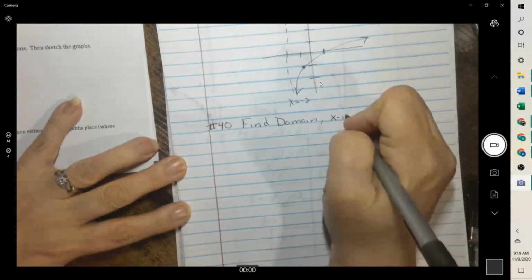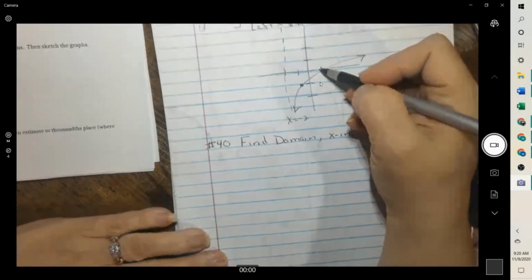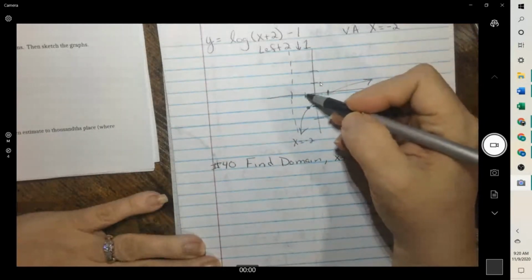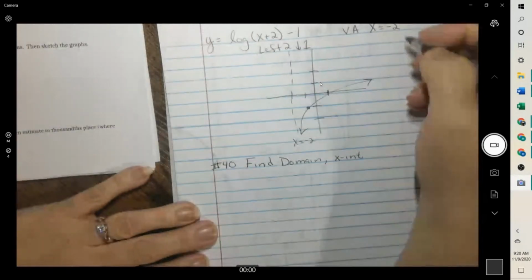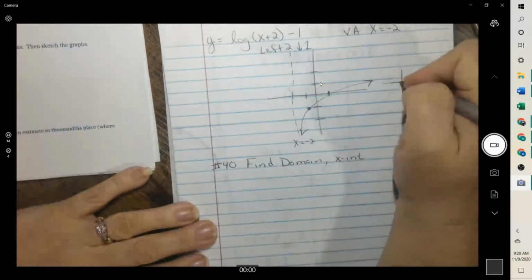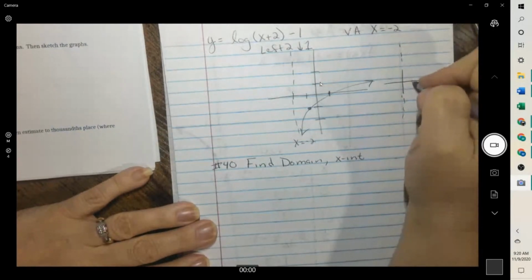Wait, did you determine where the point was on that graph again? Well, start at 1 on the x-axis, and then we moved 1 left on the x-axis. Yeah, that's always your starting point. So the basic graph starts at 1.